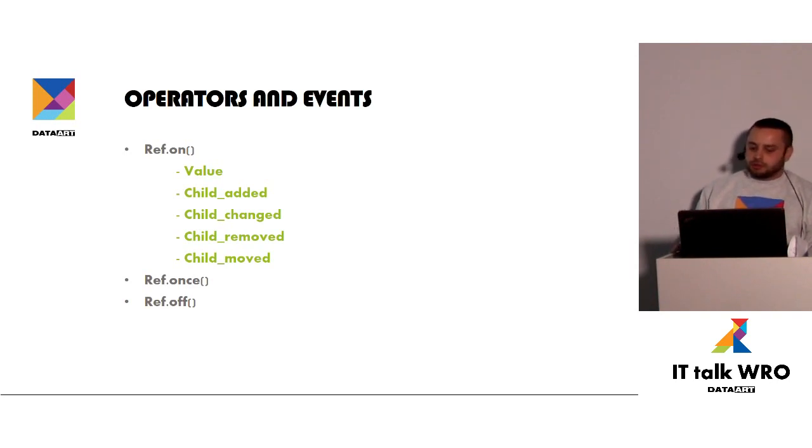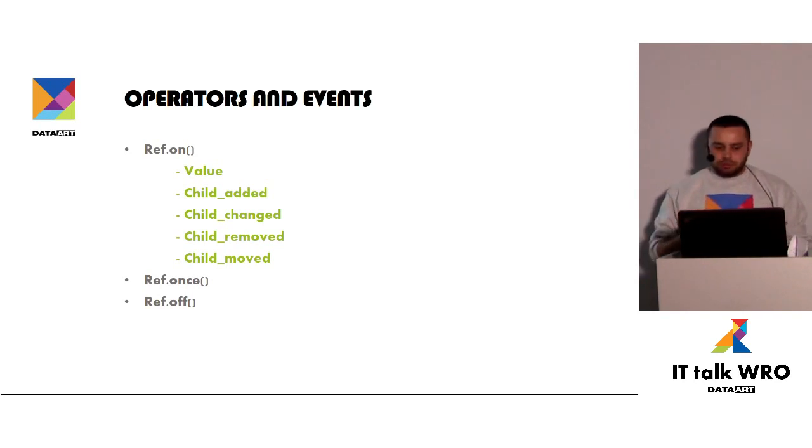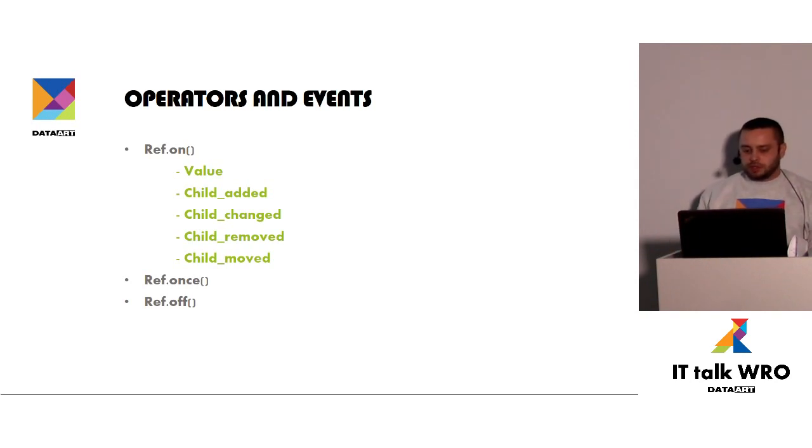We also have child added, child changed, and child removed. You would use them in particular situations. It's up to you. In the example below I used just value, so it notifies me if there is a child added, child changed, or child removed event. All of those events are in this particular value event. So if you don't want to play with other events, you could use just value.